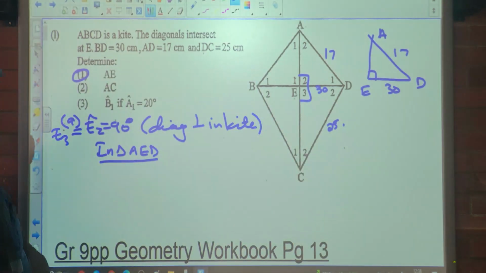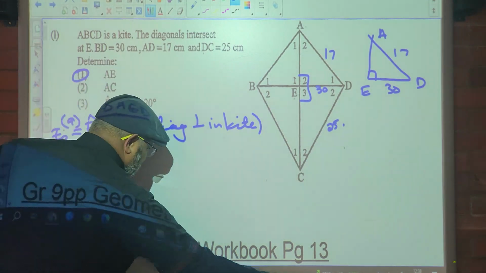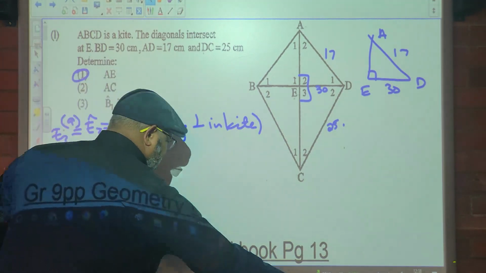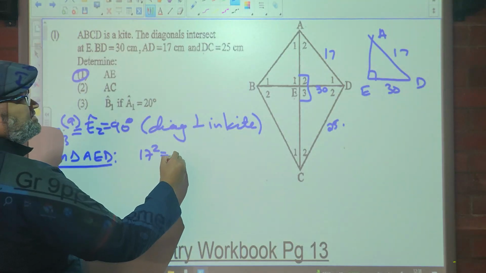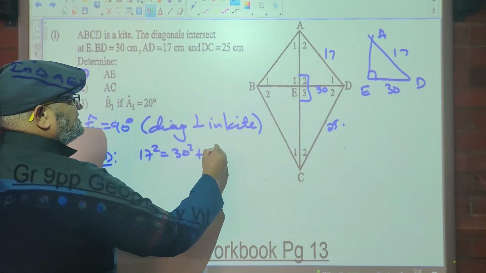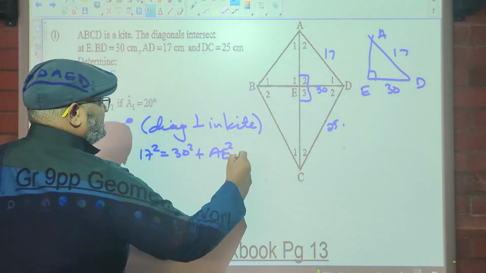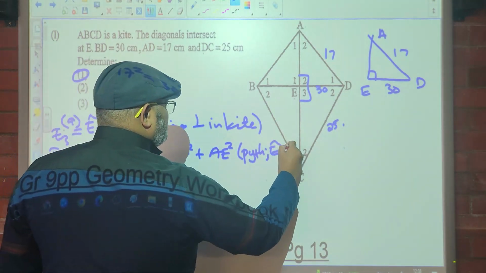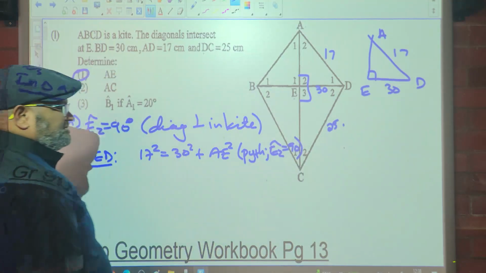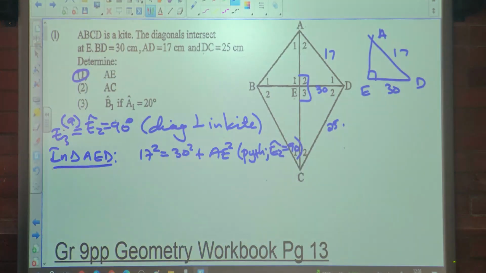Okay? What do we say? You can say that 17 squared is equal to 30 squared plus AE squared. Why? Because of Pythagoras with angle E2 equals 90 degrees. Did I say that in the previous question?